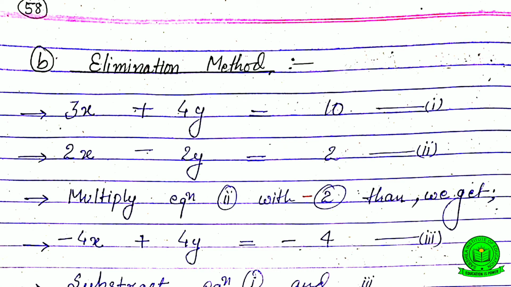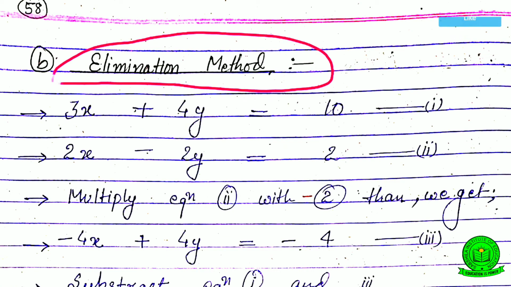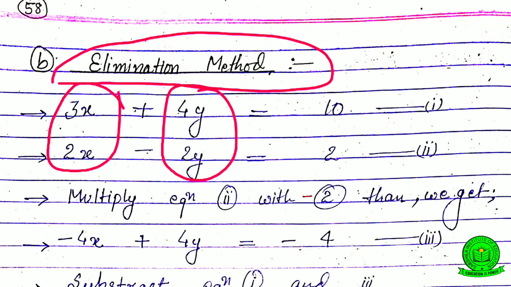Let's see the second method, that is the elimination method. In the elimination method, we have to eliminate values. Eliminate means we have to cut any values in the x variable or in the y variable. Here is 4y and here is 2y. If here is also 4y, then it can be cut, and it should be on the opposite side to be cut.